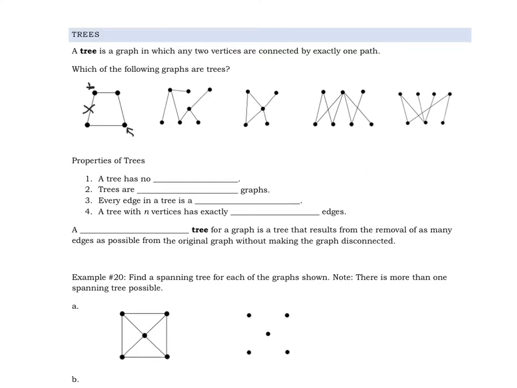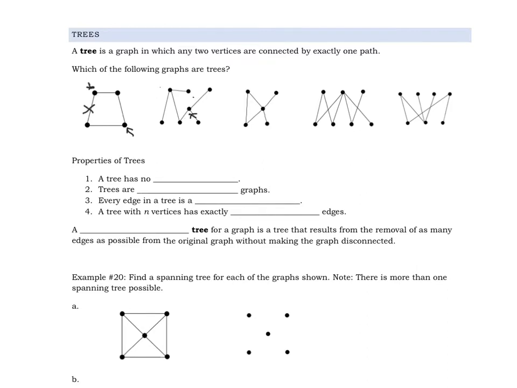Okay. How about if I got rid of this edge? Well, this part of the graph would become disconnected from the rest of the graph. How about if I got rid of this edge? Same thing, it would become disconnected. How about this edge?